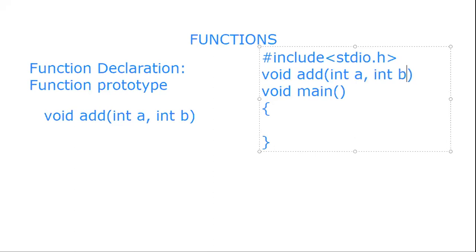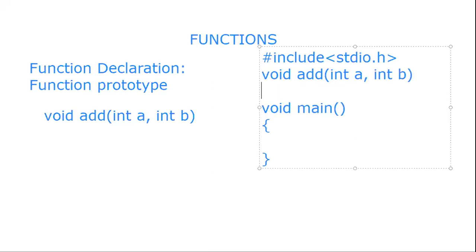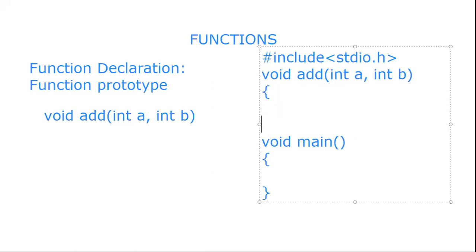Along with it we can write the function definition also, as we saw in the previous slide: int total equal to a plus b, all that can be written here itself, the body of the function. This is one way, and the function will be called in main. Say we call add of 2 comma 4. This is the function call, which we have written in the main.